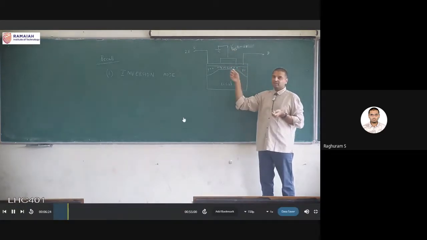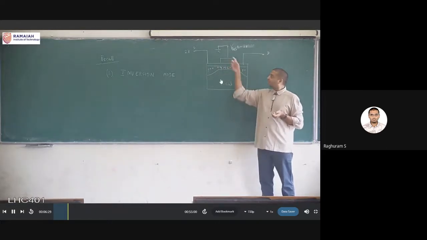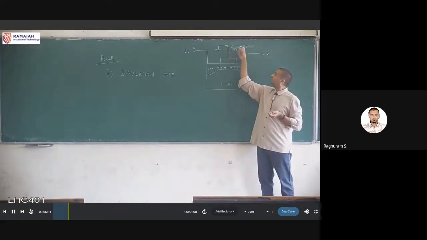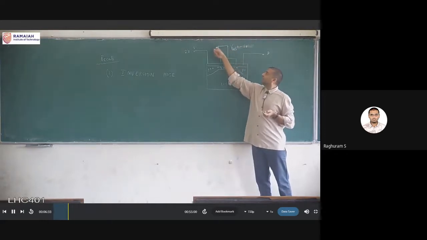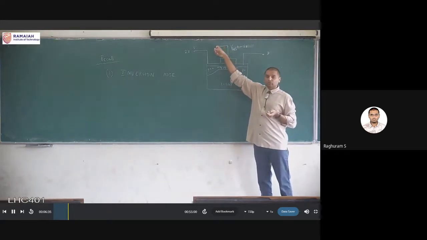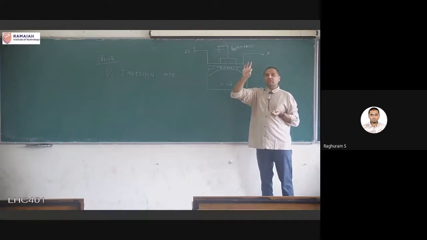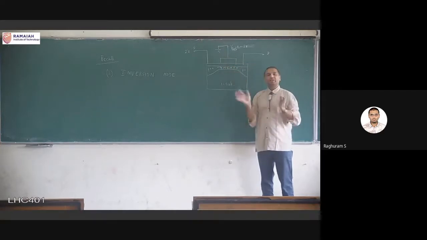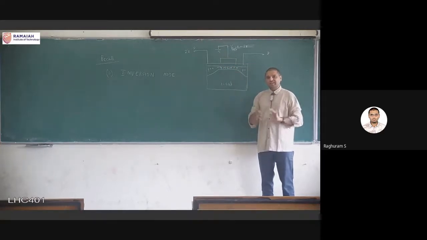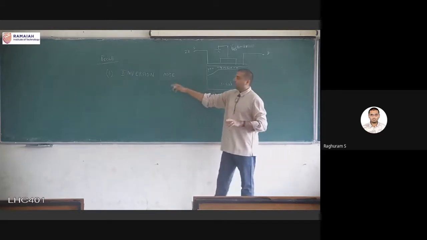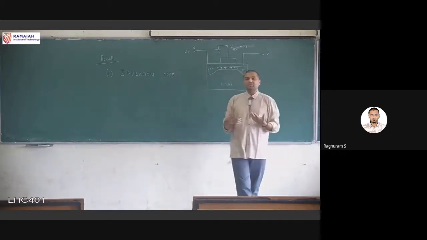In this diagram I have drawn, even though the source and drain look like they're connected, this is only temporary. If instead of VGS equal to -2 volts, I connect the gate also to 2 volts, then VGS equals 0, which means all these holes will disappear and the source and drain are disconnected. This is called inversion mode. What are we inverting?